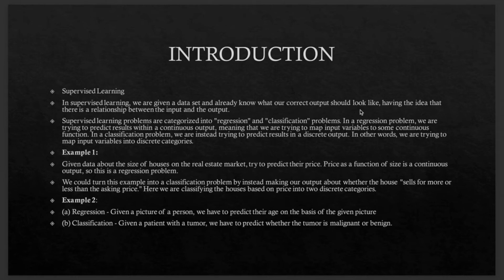For example, let's take cancer, where we have two types, malignant or benign. In classification we predict whether a tumor is malignant or benign. We can also take the example of skin cancer or any other kind of cancer.